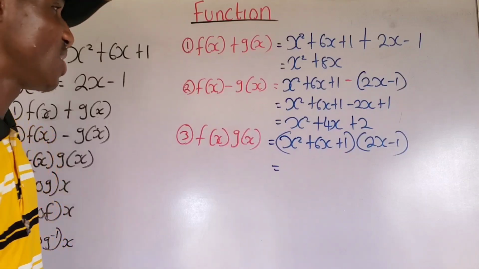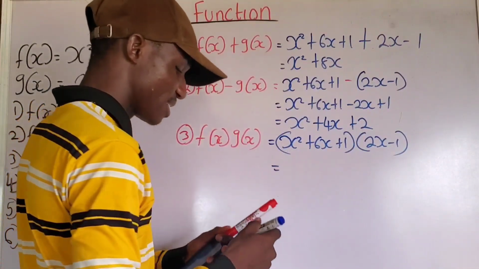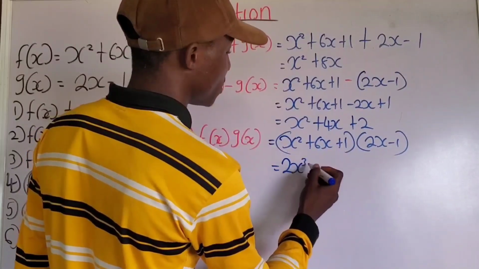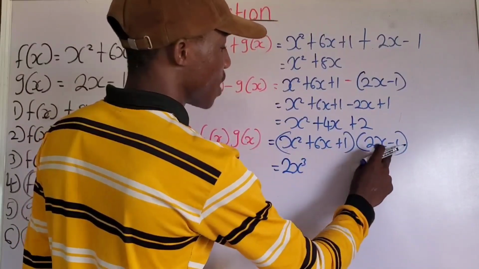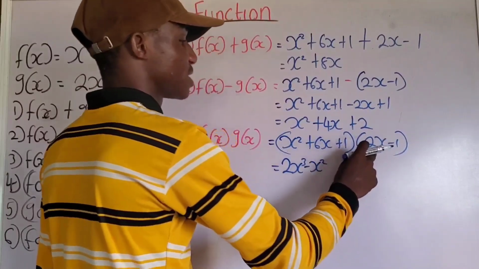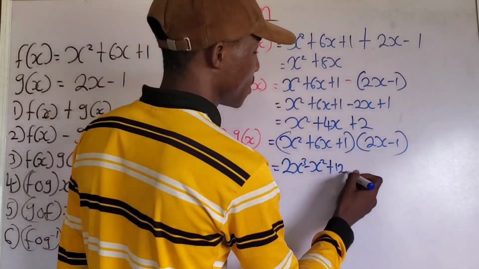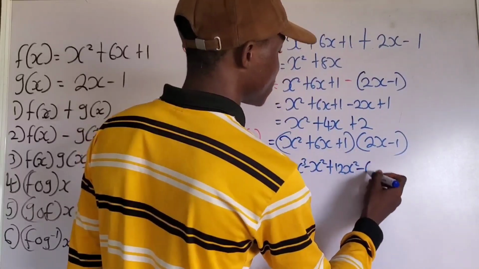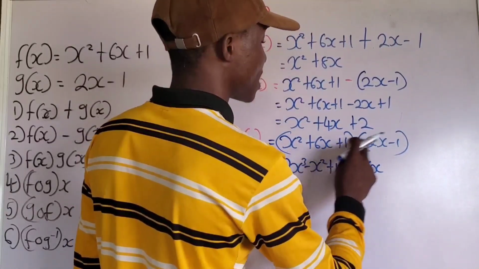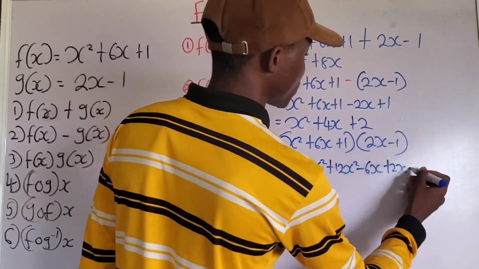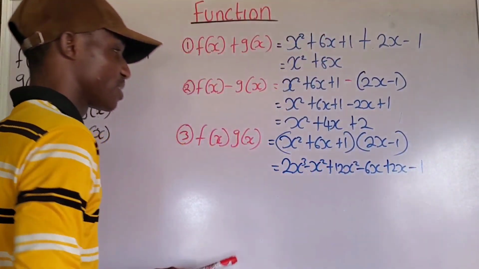Do you understand? Okay, for this, x squared times 2x is 2x cubed, 2x to the power of 3. x squared times negative 1 is negative x squared, plus 6x times 2x is plus 12x squared, plus 6x times negative 1 is negative 6x, plus 1 times 2x is plus 2x, plus 1 times negative 1 is negative 1.